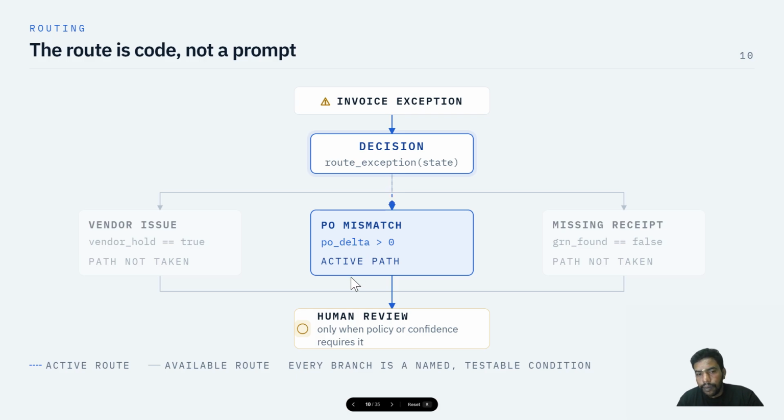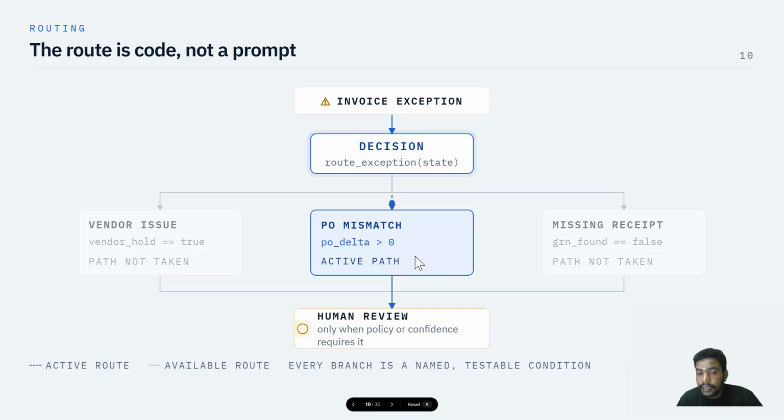Now look at the labels on those branches. Those are conditions in code, expressed against named fields in state. The model contributes evidence and a proposed classification. The branch itself is a function you can test with a table of inputs.